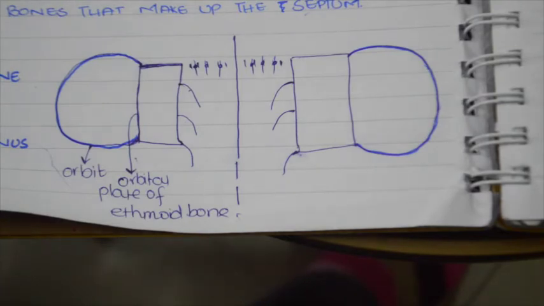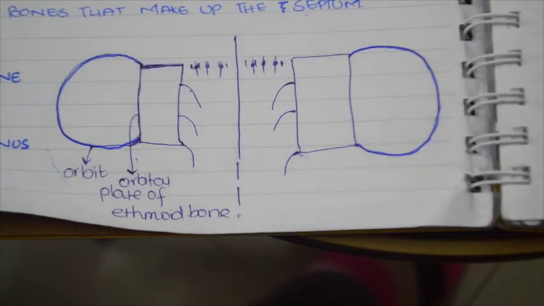It will push the eyeball, causing protrusion of the eyeball, and then proptosis may occur. The same thing happens in infection of the maxillary air sinus, not the frontal, I'm sorry. I don't think frontal will cause it, but let's just do it for the while. So the infection of the maxillary air sinus can cause the same problem, and the medial wall of the orbit is formed by the orbital plate of the ethmoidal bone.